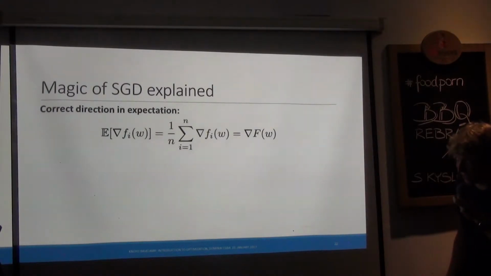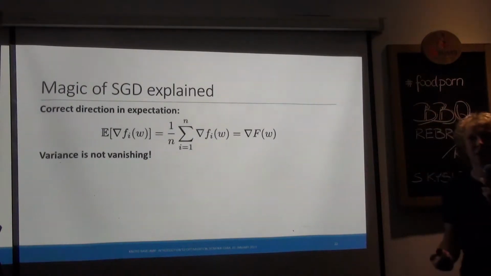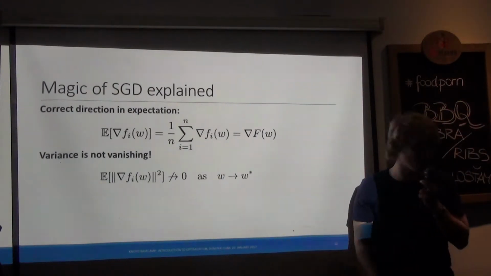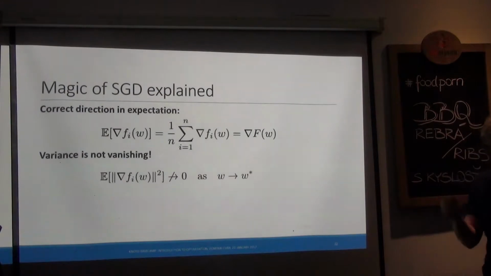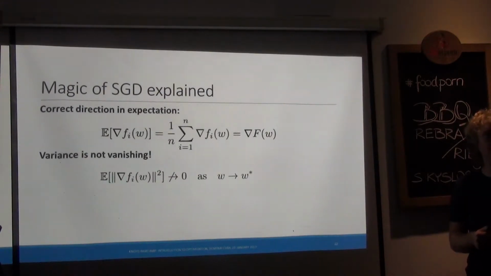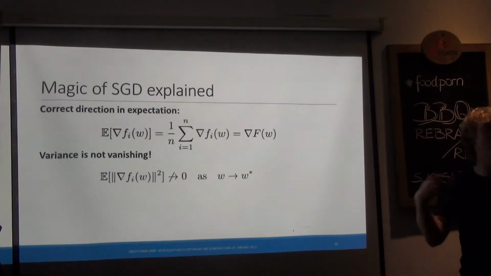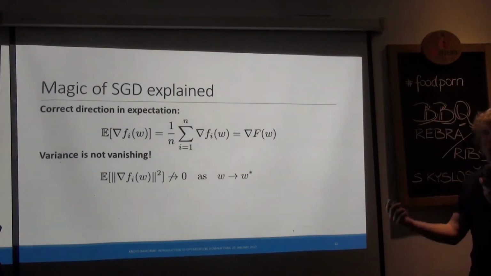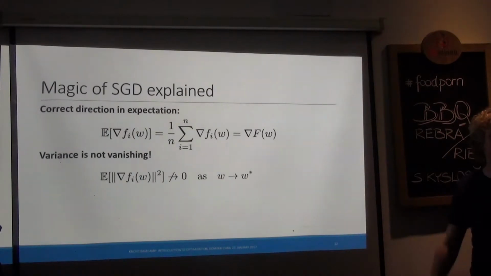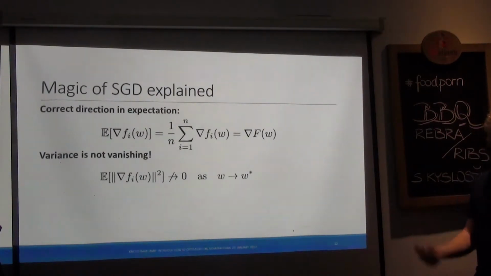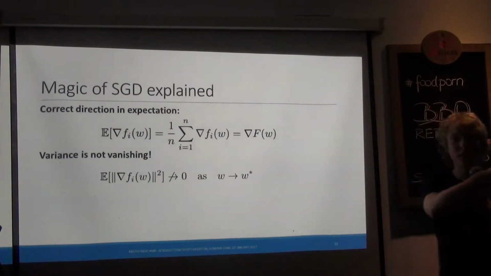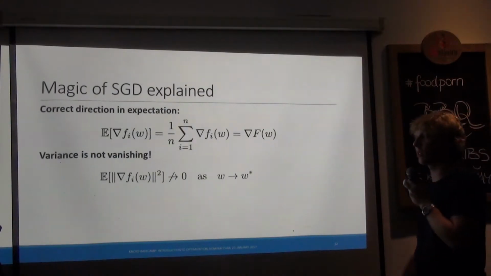But the variance is not vanishing. What it means is that if we actually hit the optimum, if we come to the minimum, and we continue with the algorithm, we are going to jump out of the optimum. Because those small gradients do not have to be 0, just their sum has to be 0. Right? -1 and 1, okay. The sum of -1 and 1 is 0, but it still means that one is going to push in one direction and the second one is going to push in the other direction.